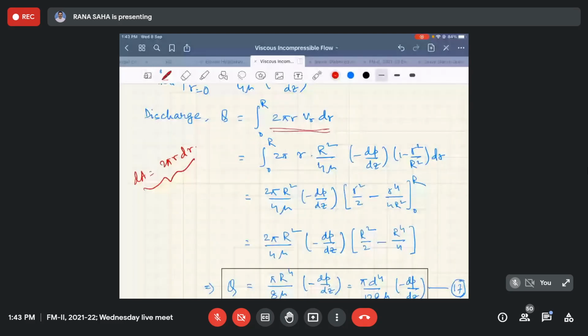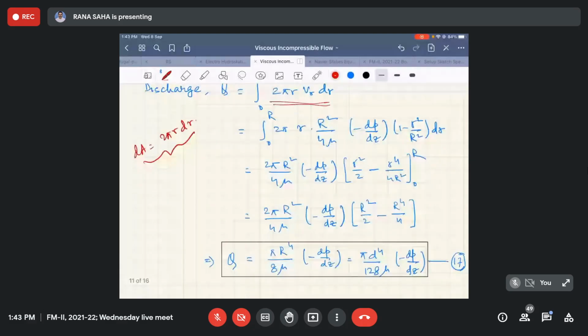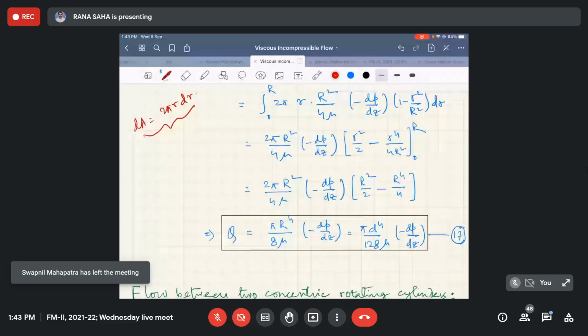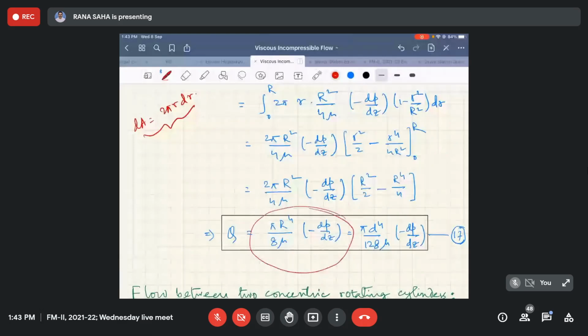So it is a routine exercise. If you check, you can see that Q comes as this, and in terms of diameter, you just write d by 2, so it will be pi d to the power 4 over 128 mu dp/dz, and that is basically the Hagen-Poiseuille equation. In radius terms it will be this one, and in terms of diameter, it was like that.